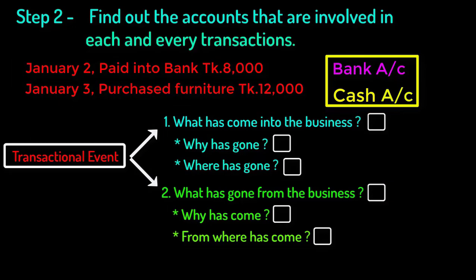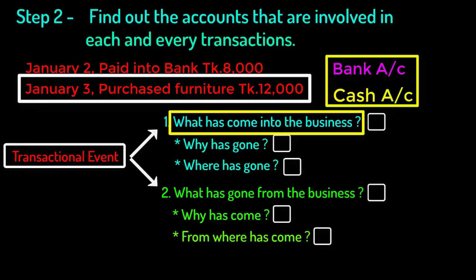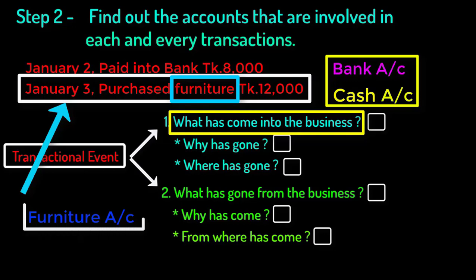Now let us find out the accounts that are involved in this second transaction by using this trick. January 3, purchased furniture taka 12,000. Now ask yourself, what has come to the business? The answer is furniture. So for this transaction you have got one account, and that is furniture account.